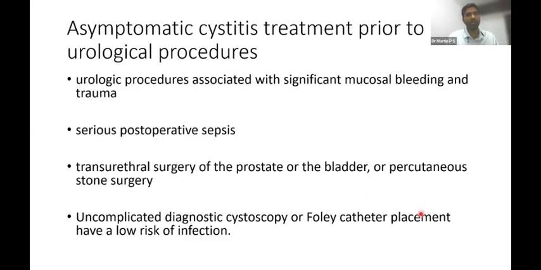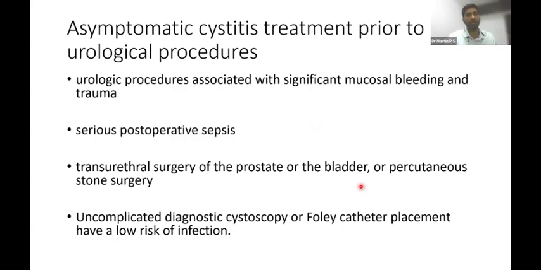So first, let us take the urological procedure in asymptomatic cystitis or asymptomatic bacteriuria. These are urological procedures associated with significant mucosal bleeding and trauma, like TURP surgeries, bladder resection surgeries, and percutaneous stone removal surgeries.